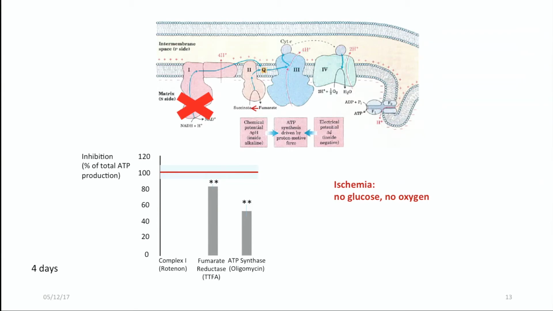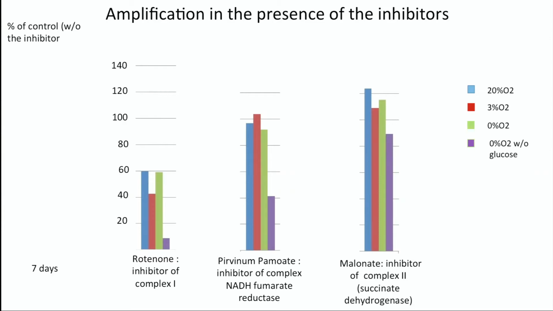But there is no glycolysis here, or if there is some glycolysis, it was minimal. To confirm this, we blocked ATP synthase in ischemia, and we get a diminution in ATP production, which is very important, and it was realized after very short blockage by oligomycin.